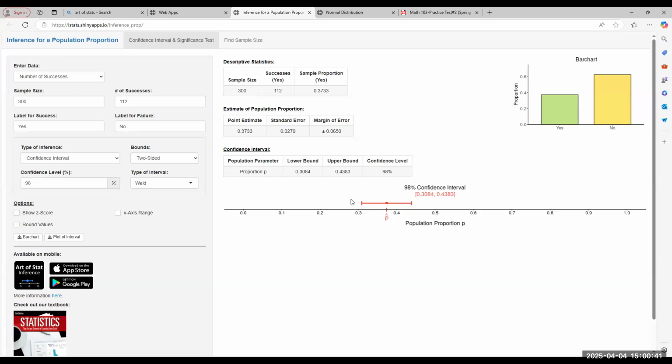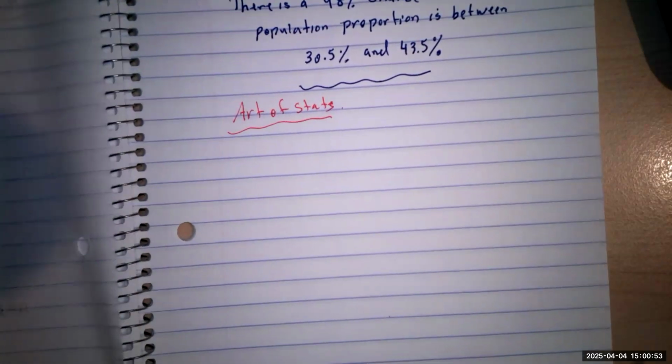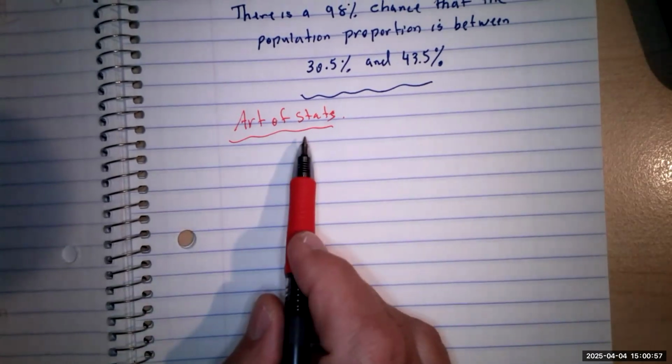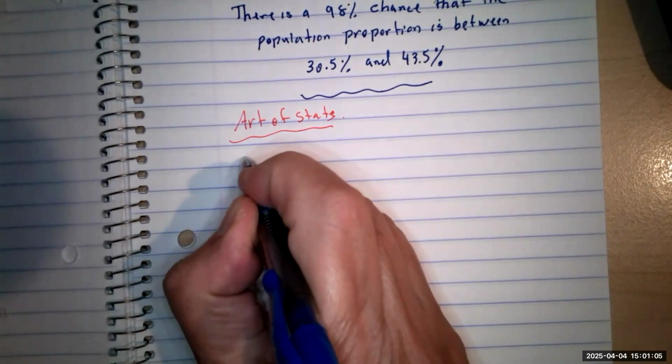Okay, let me write it down so that you know what we expect you to do for us. If you do the Art of Stats, I stop this and go back. If you do it with Art of Stats, this is how you give us the information. From the Art of Stats, you have to give us the point of estimate.